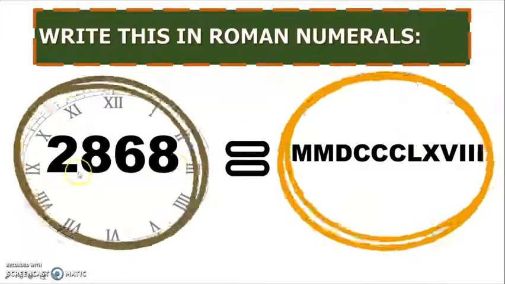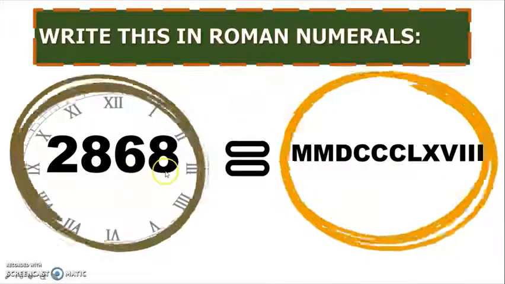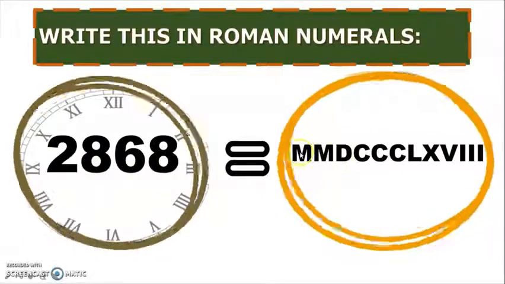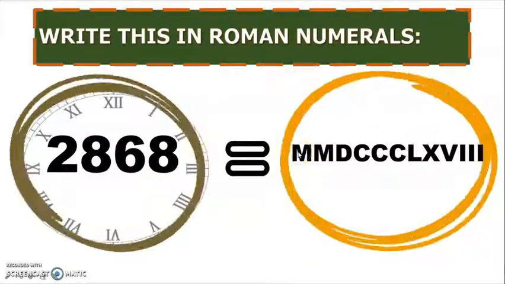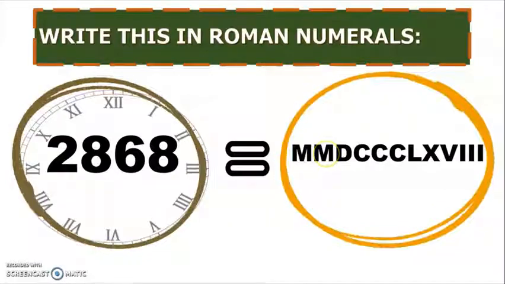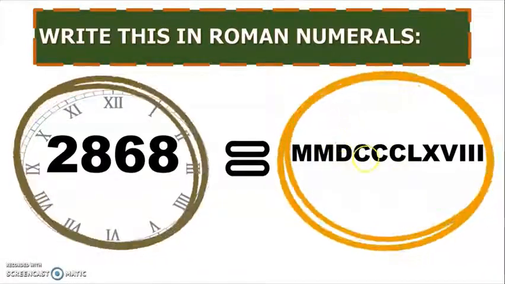Next is 2,868. So 2,000 is 2M because 1M is 1,000. So 1,000 plus 1,000 is 2,000. D plus 3 C's: D is 500, C times 3 equals 300.